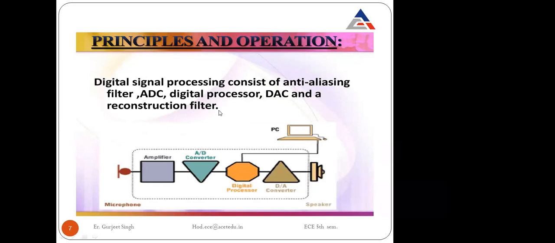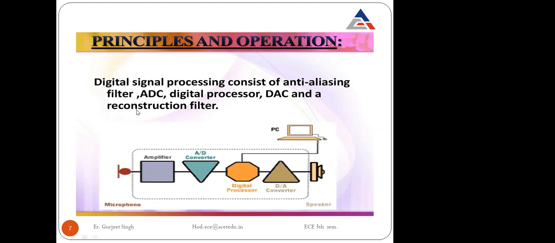In the elements of DSP, we studied this part: ADC, DSP, and D to A converter. But now in this diagram we are talking about the anti-aliasing filter and the reconstruction filter. Two new things are here. First is the anti-aliasing filter, and the second is the reconstruction filter.